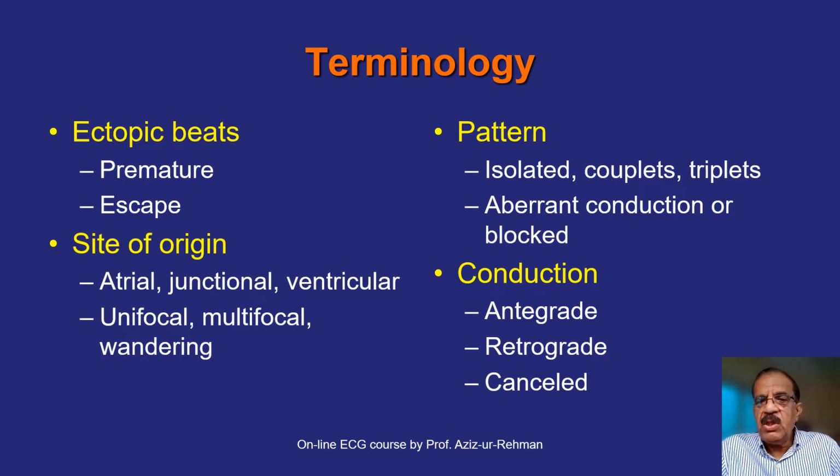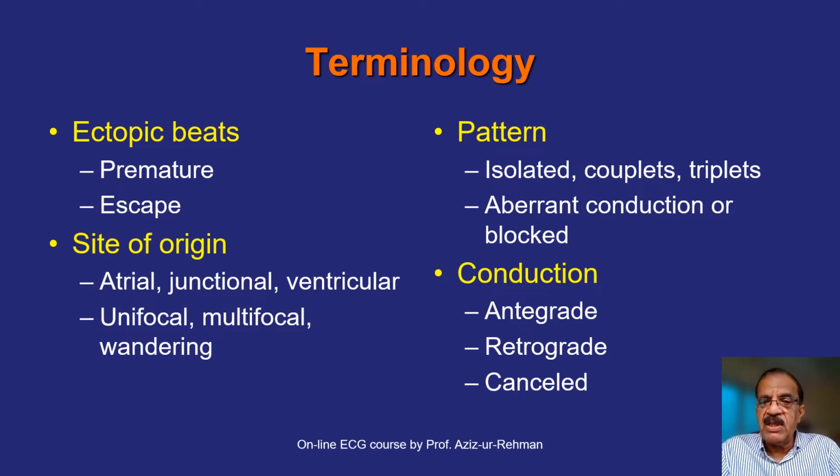Then conduction, that ectopic current can move in various directions. Antigrade means it goes in the normal direction from atria to the ventricles, or in the ventricles from the AV node to downward. That is antigrade. Retrograde means that it goes backward. Normally, if you have an intact conduction system, intact structure of the heart, no anomalous pathways, any ventricular depolarization should not be able to penetrate atria.